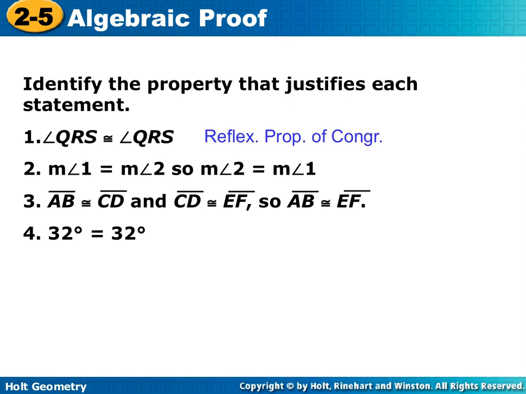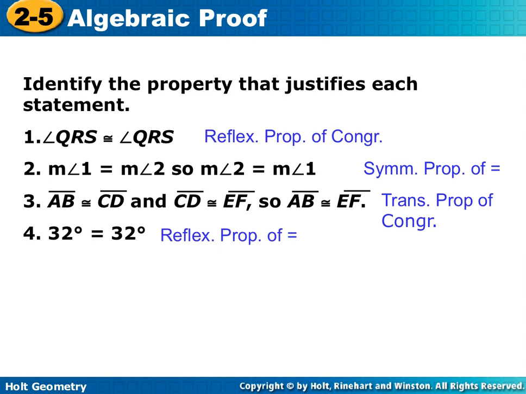Of what? Of equality. Symmetric property, but it's of equality. Okay, third one. That's congruent to that. The same thing's congruent to EF. So AB and EF are congruent. Very good. Transitive property of congruence. 32 degrees equals 32 degrees. Correct.